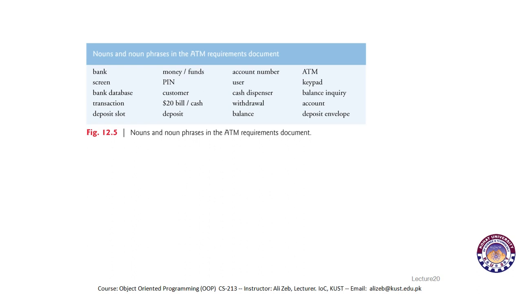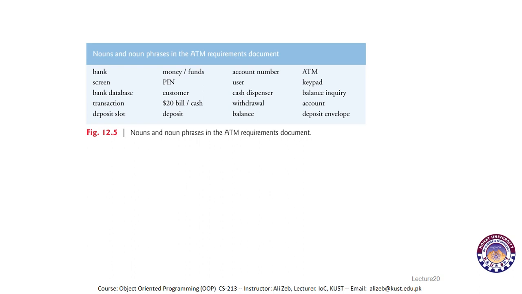Money, funds, pin, customer, cash or bill, deposit, account number, user, cash dispenser, withdrawal, balance, ATM, keypad, balance inquiry, account, deposit envelope. Almost all of the nouns and noun phrases from our earlier requirements document have been picked and listed in this graphic that you can see.